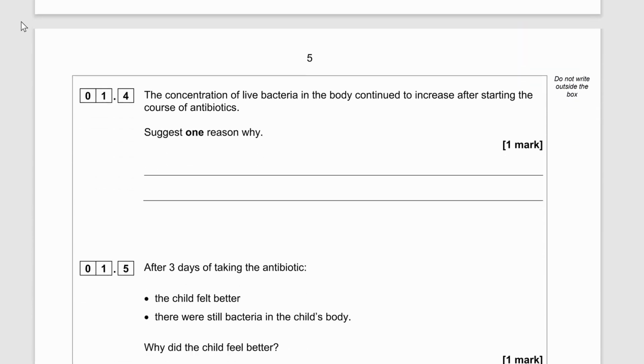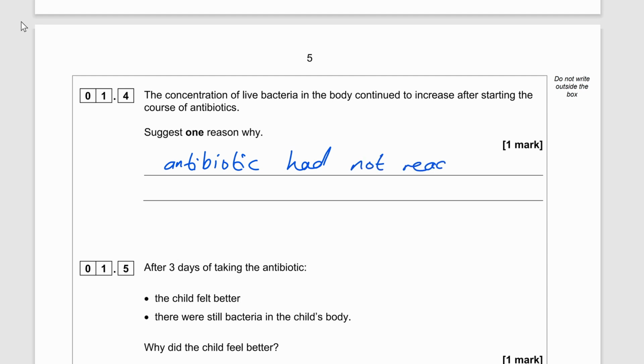Well, one of the reasons may be depending on where the antibiotic had been given. Usually it's given and ingested, and then the place where the live bacteria were. So maybe the antibiotic hadn't reached the part of the body where the bacteria was.